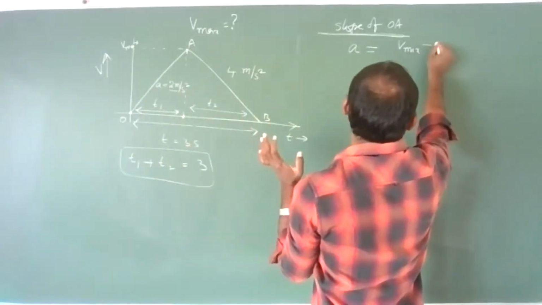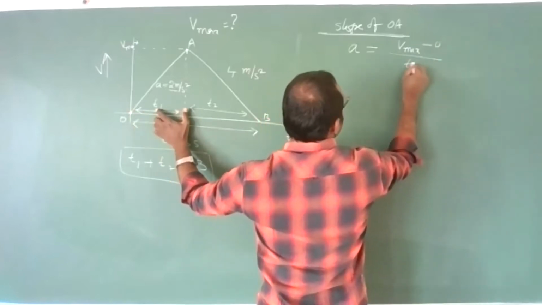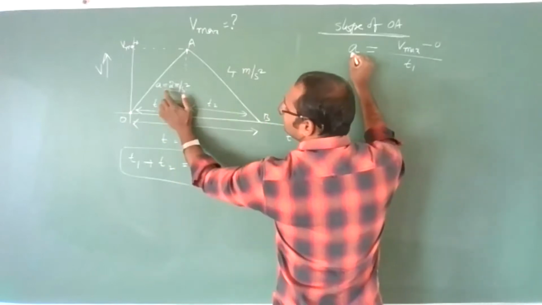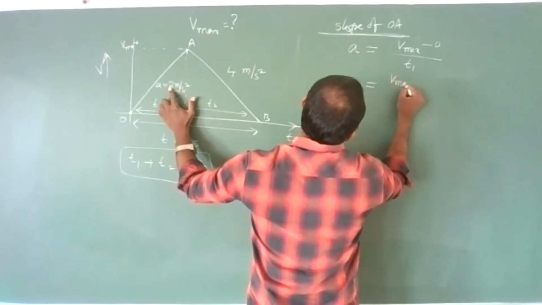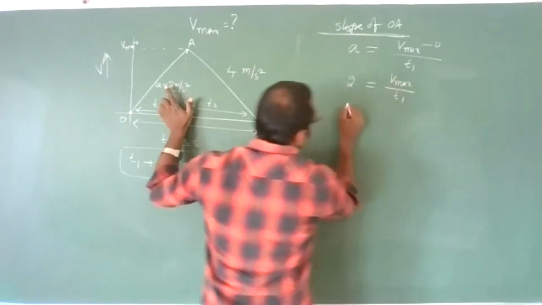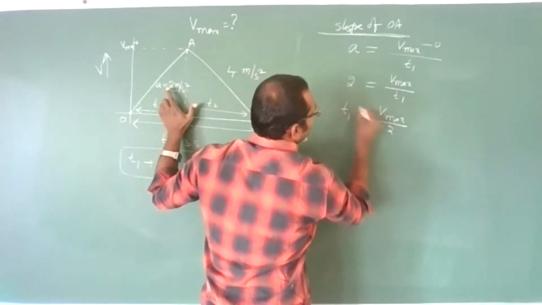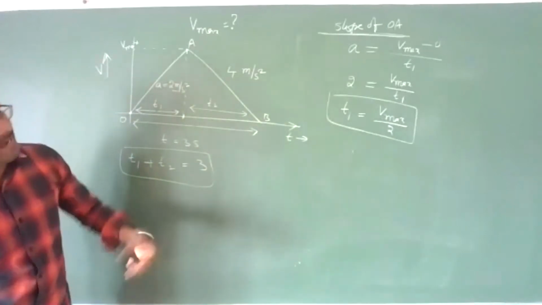Upon time, how much? This time I have considered as t1. Clear? So acceleration given is 2. 2 is equal to V max upon t1. Then t1 is V max by 2. Remember this value.